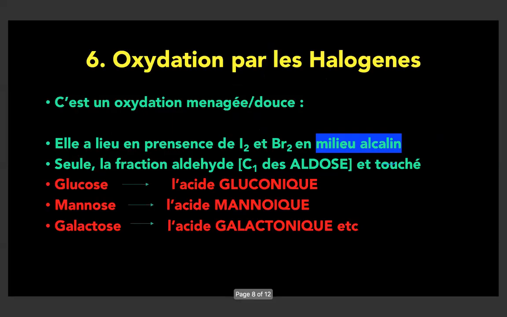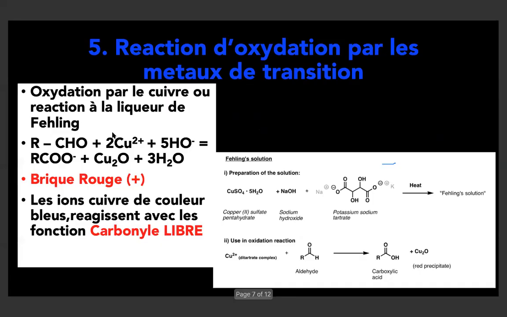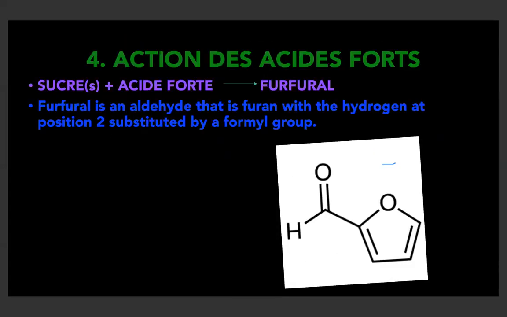So when you react glucofuranosyl 1,4 fructofuranose with a strong acid, you will get a furfural. So a furfural is what you get when you react a glucose molecule or a carbohydrate with a strong acid. So that ends our class for today.